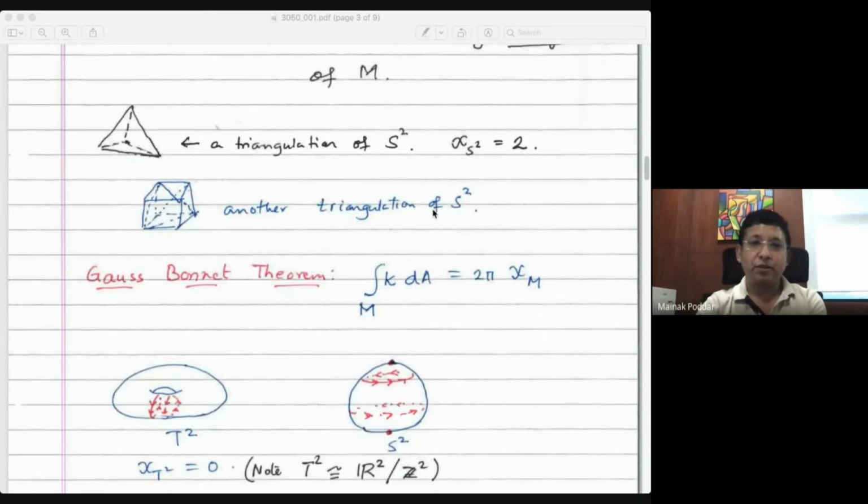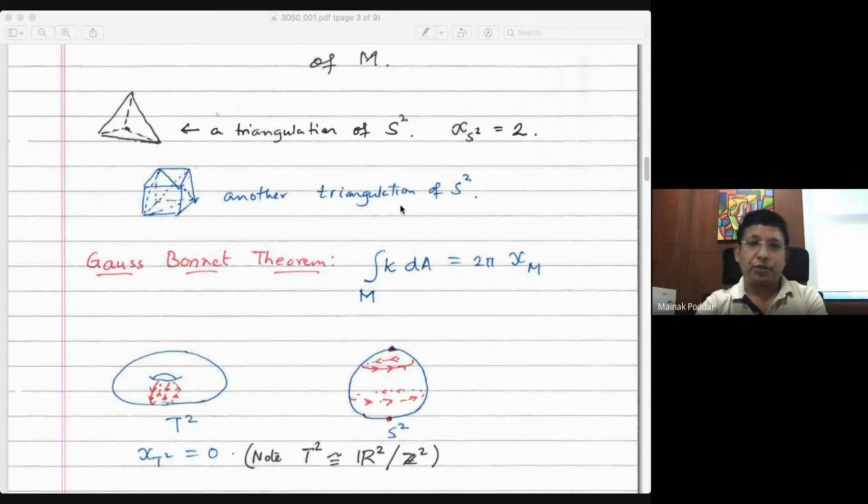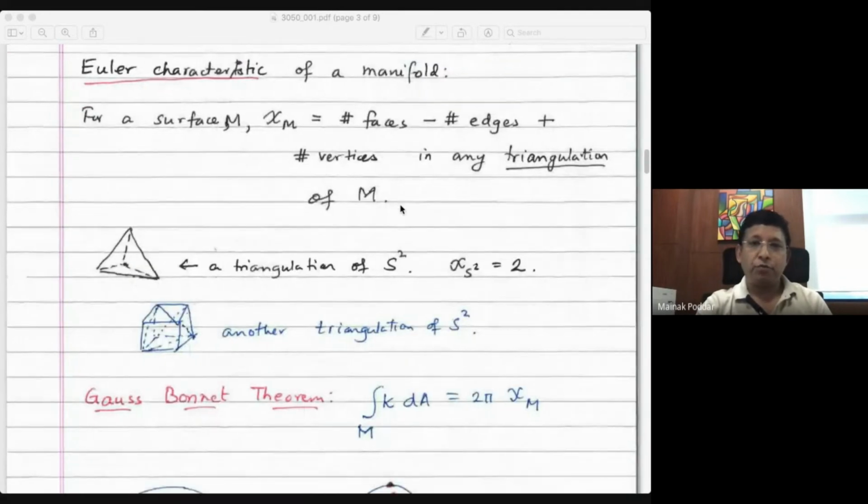Another triangulation: think of the cube, which is bicontinuously bijective to the sphere, and you can break the cube's squares into triangles. And now again, if you count, you'll see it's 2, and so on. Okay. Now, what does this have to do with curvature?